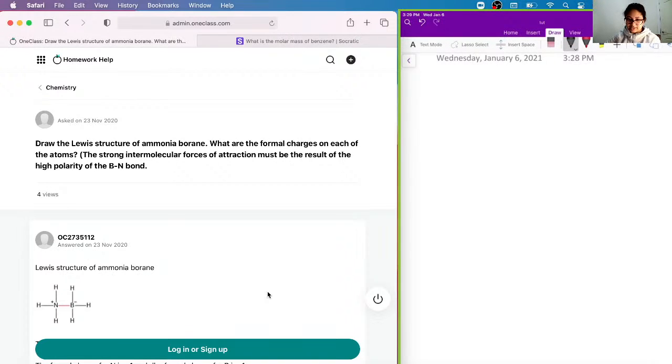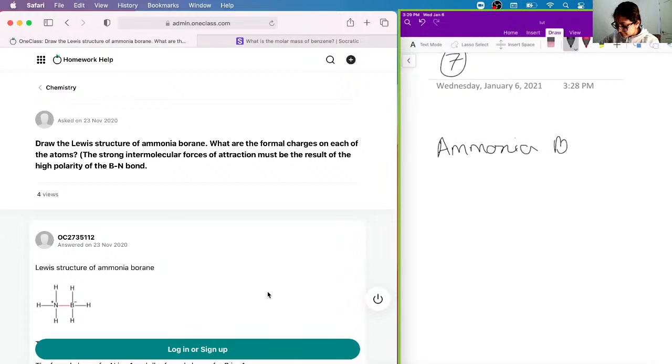And so we should first find the chemical formula in order to draw the structure. So we can say ammonia borane, right? The chemical formula for this is BH6N.